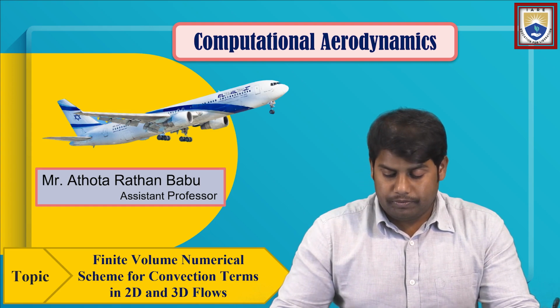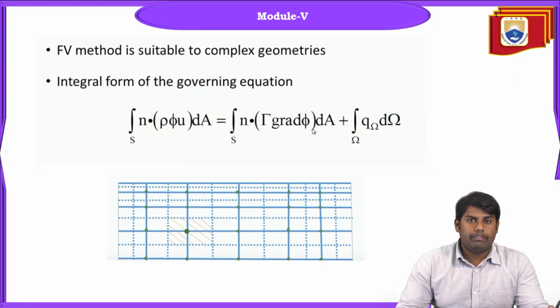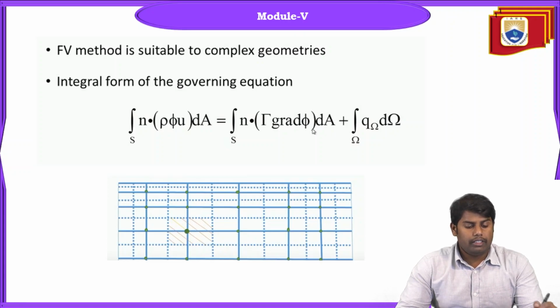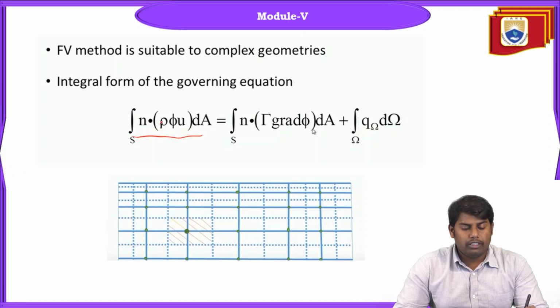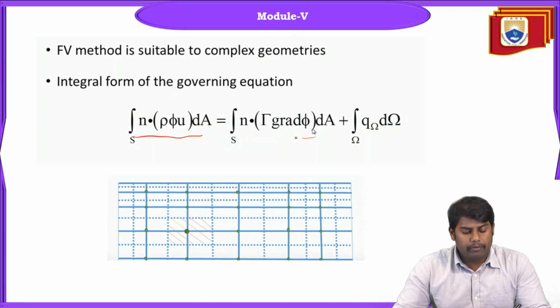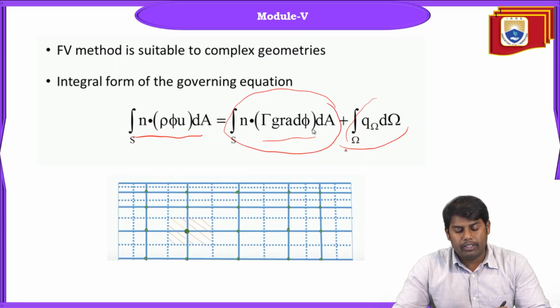Okay, so from the past two sessions we are seeing the same formulation, which is the surface integral. So here we have the surface integral, and then we have the surface integral for the diffusion term. This is for the convection term. We have clearly seen the diffusion term, and we have embedded the source term.